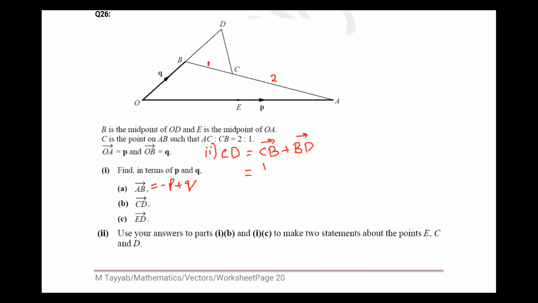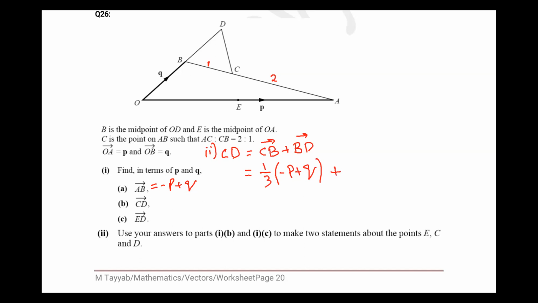So CB is 1/3 of total, and total is AB, or full vector is AB, which you found in part 1. So it will be 1/3 of minus P plus Q. This is the vector CB, 1/3 of AB plus BD. Your BD is equal to OB because B is the midpoint.